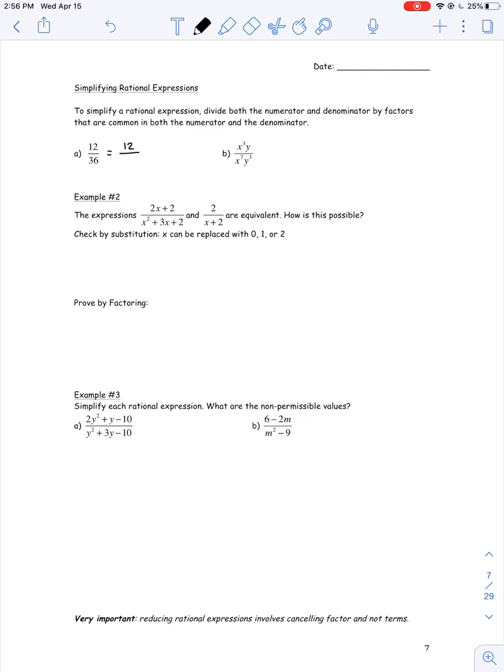I can break the top up as 12, and the bottom I can break up as 12 times 3, because 12 times 3 is still 36. The reason I do that is now these are factors, and when I see identical factors in the top and at the bottom, I can cross them off, leaving me with the answer of 1 at the top. Since I crossed everything off, you still need to write a 1. And 3 at the bottom, since that's the only thing left.